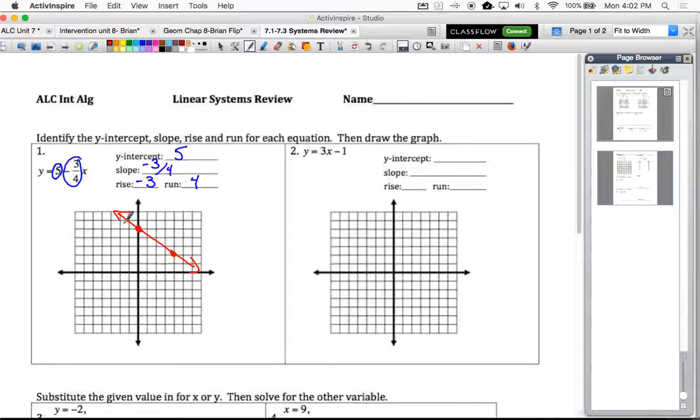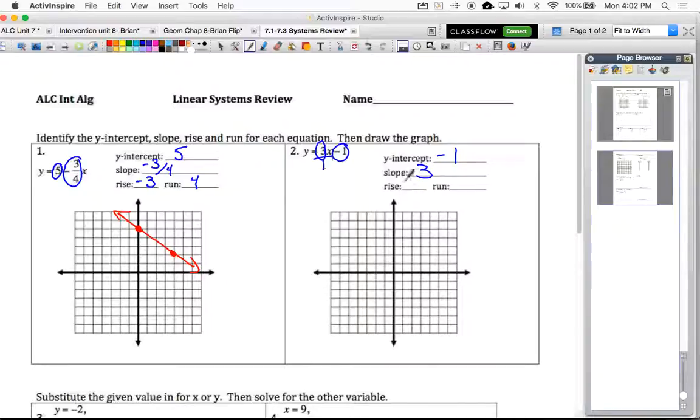We're going to do the same thing in number 2. Again, we're going to take a look at what the y-intercept value is. So 3x minus 1, that minus 1's standing on its own as the y-intercept, and that +3 is the coefficient of the x, so that is the slope. Remember, when it is a whole number, we can think of it as 3 over 1, or whatever the whole number is over 1.